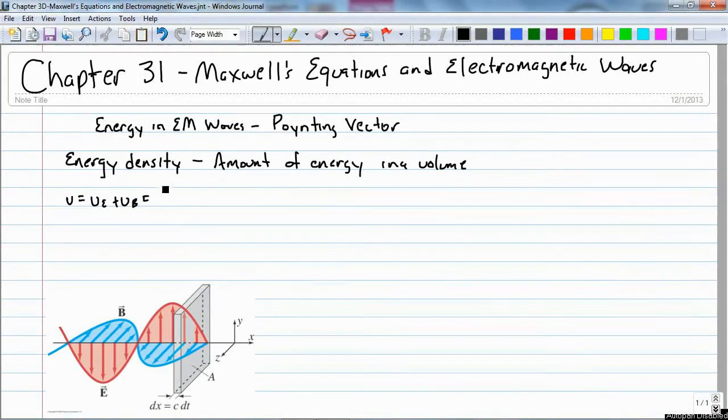And that was 1/2 epsilon naught electric field squared plus 1/2 magnetic field squared divided by mu naught. And these are from sections 24-4 and 30-3, if you want to review those.